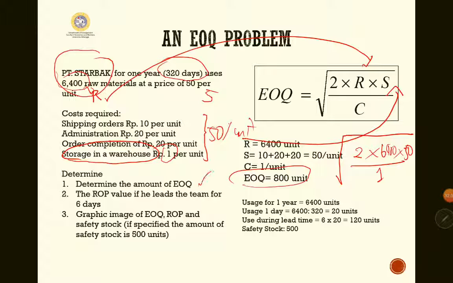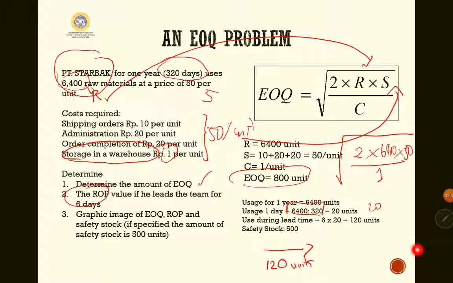So we have this. The ROP value, if we have to calculate our ROP value, if the lead time is 6 days and we have the usage for 1 day here of 20 units, we have our lead time demand of 120 units.